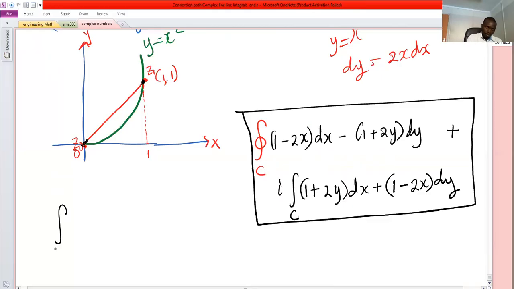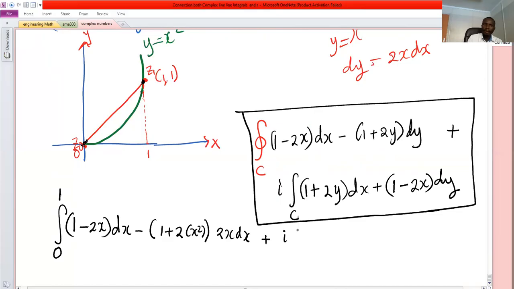So we'll have the integral 0 to 1 of 1 minus 2x dx minus 1 plus 2, where there's y you put x squared, where there's dy you put 2x dx, plus I, 0 to 1, where there's y you put x squared, and then dx, 1 minus 2x, where there's dy you put 2x dx.